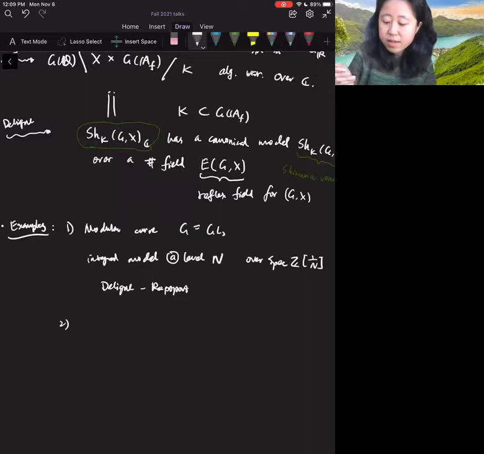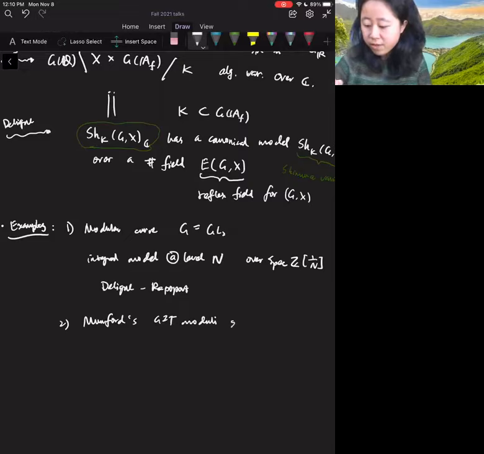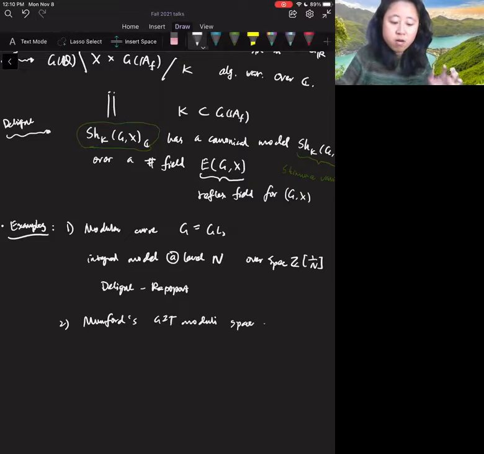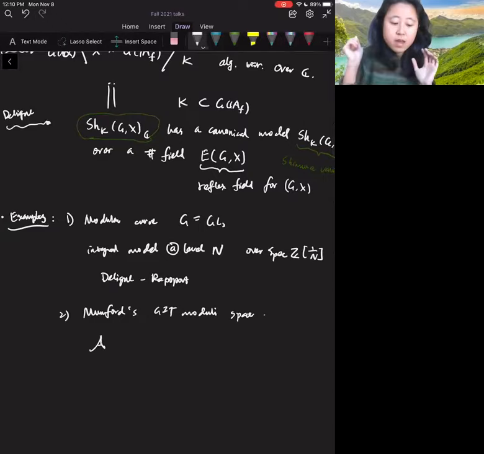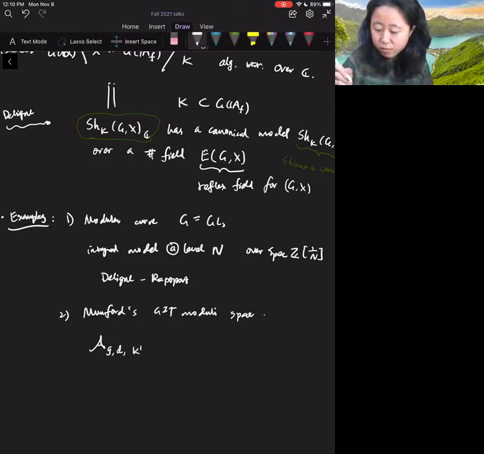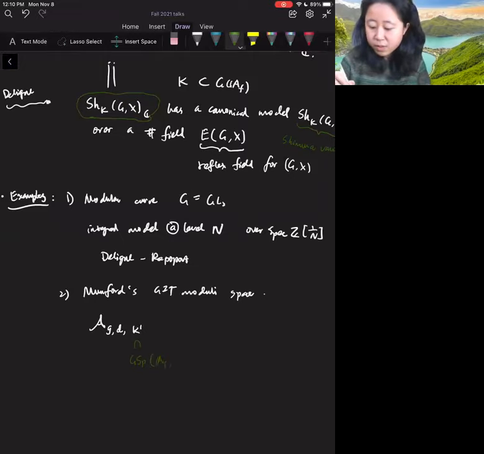Okay, and then the next example I want to mention is Mumford's GIT moduli space. GIT stands for geometric invariant theory. And these are moduli spaces, let's denote by A, parameterizing abelian varieties of dimension g equipped with polarizations of degree d, and you need to impose some level structure. Here this K' is some compact open in some group of symplectic similitudes.